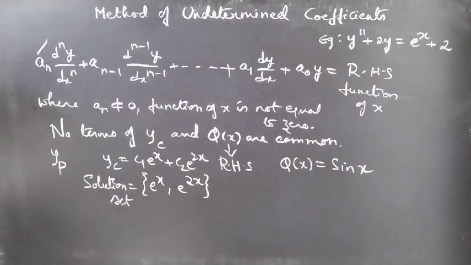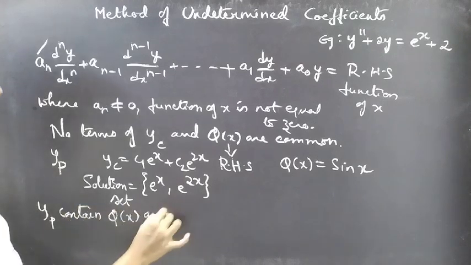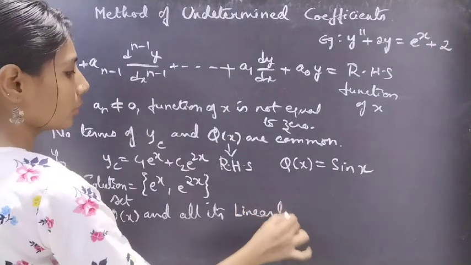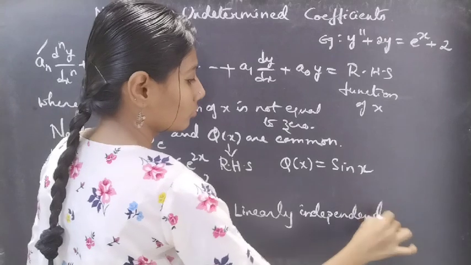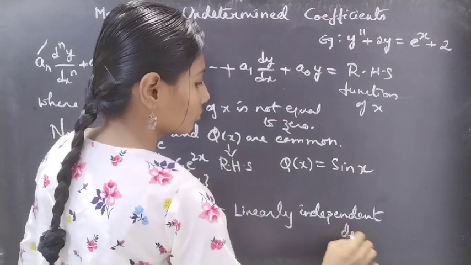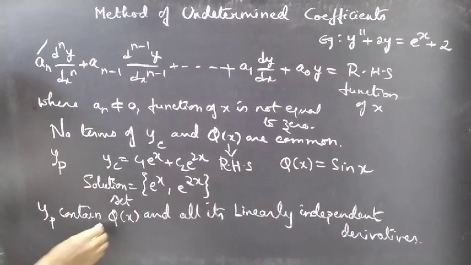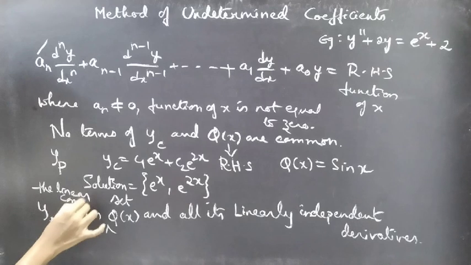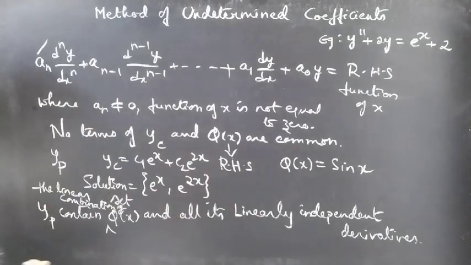So here we'll choose yp, which contains q of x and all its linearly independent derivatives. yp will be the linear combination of q of x and all its linearly independent derivatives.